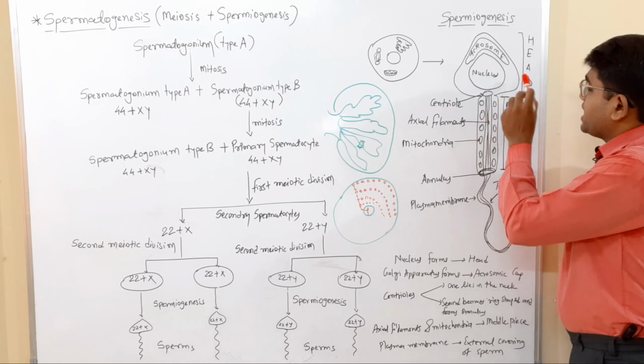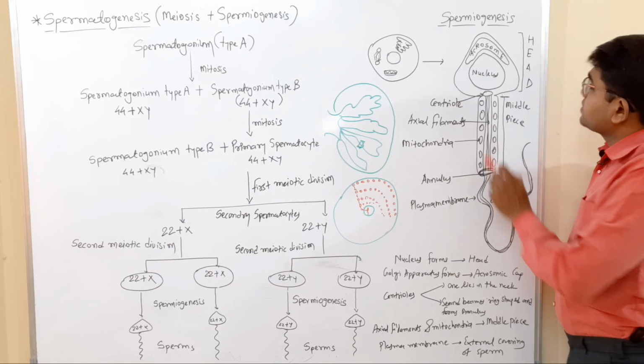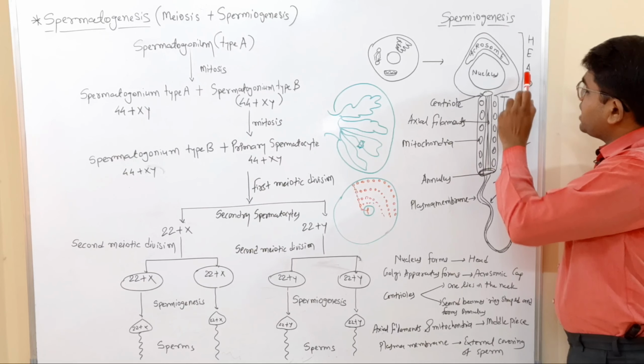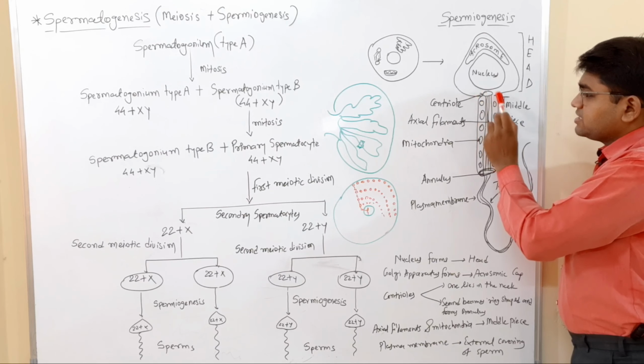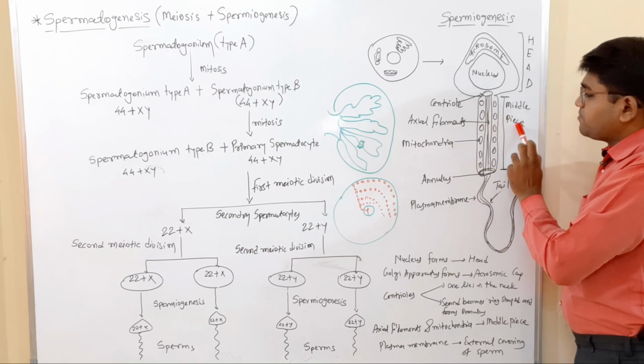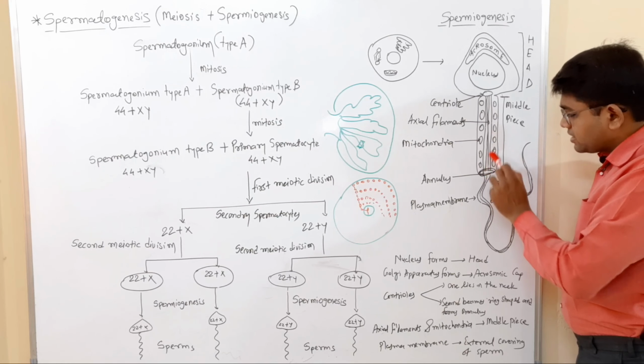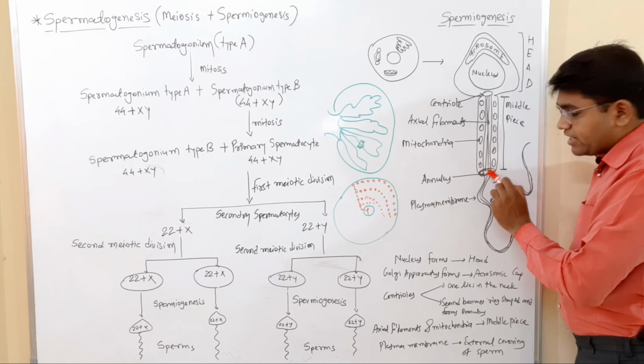So this is the structure of a sperm. A sperm has a head, the middle piece and the tail. In the head there is a nucleus and acrosome, and in between the head and middle piece there is a neck. In the neck there is a centriole. The middle piece is formed by the axial filament and the mitochondria. At the junction of the middle piece and tail, there is an annulus.